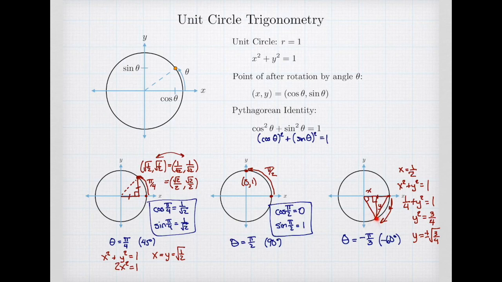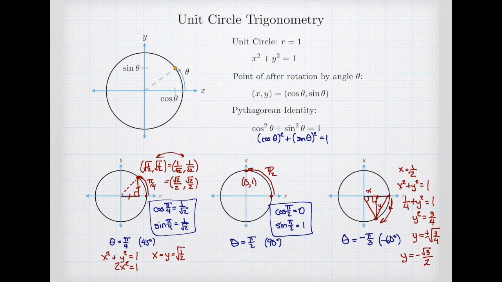Because I have gone a negative angle, at negative 60 degrees, I'm below the axis. My y value is negative. So I choose y equals the negative square root of 3/4. 3 is not a perfect square, but 4 is the perfect square of 2. My y value is negative square root 3 over 2.